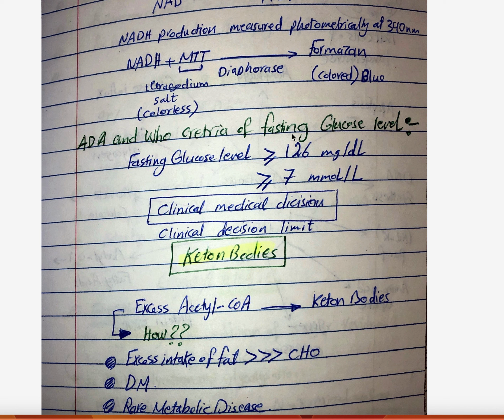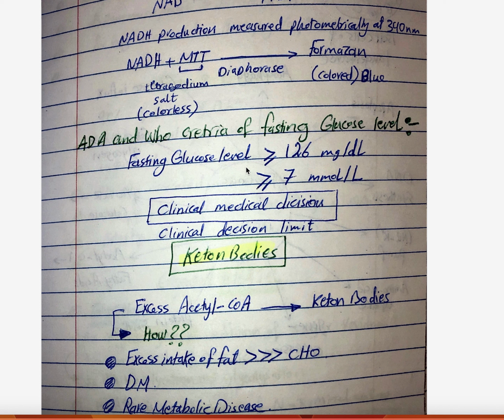What is the criteria for the fasting glucose level? For the fasting glucose level, we tell the patient please fast, and then we measure the glucose. Like, don't eat, don't drink from 12 o'clock or something, because we make the patient fast for 8 hours and then come in the morning and we measure it.